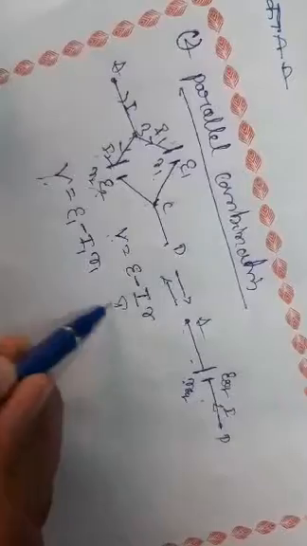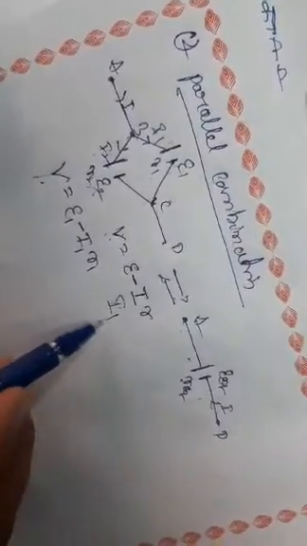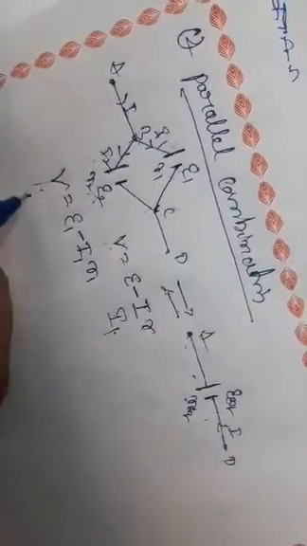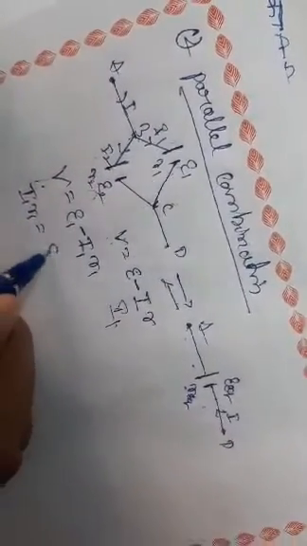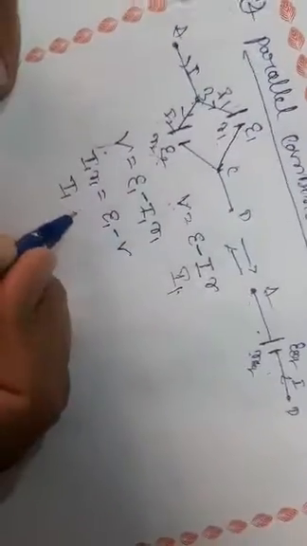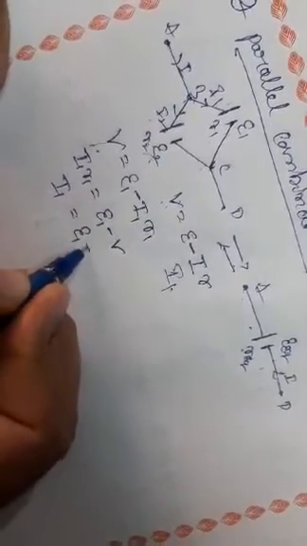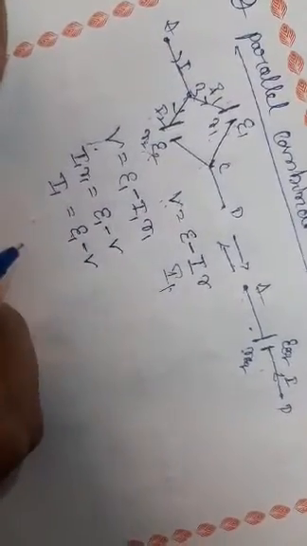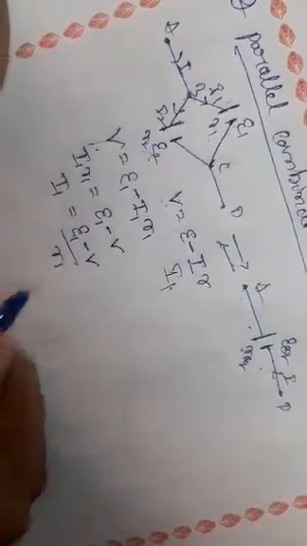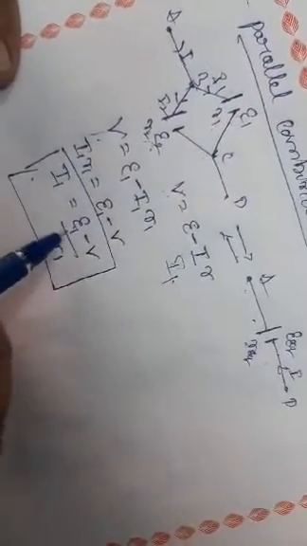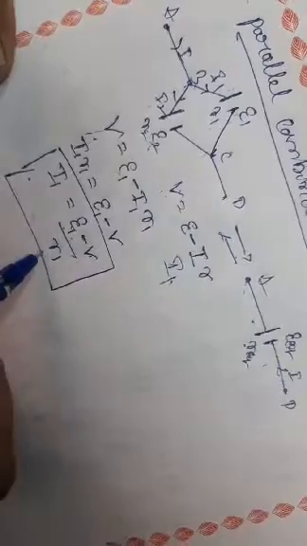Now find the value of the current flowing through the first cell, I1. That is I1 R1 is equal to E1 minus V, or I1 is equal to (E1 minus V) divided by R1.